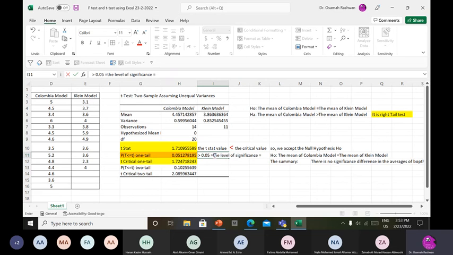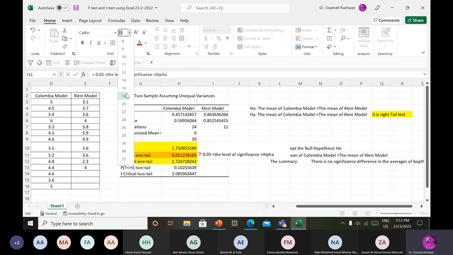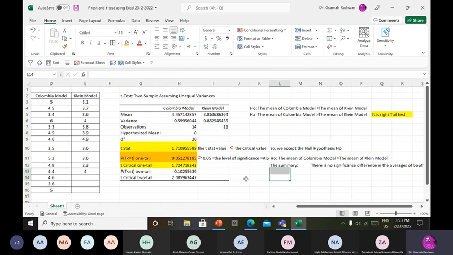Okay, alpha. So you will have the same decision, right? So using the p-value to take the decision, or comparing the t-stat with the t-critical, it's up to you, right? You do the yellow or the orange one.